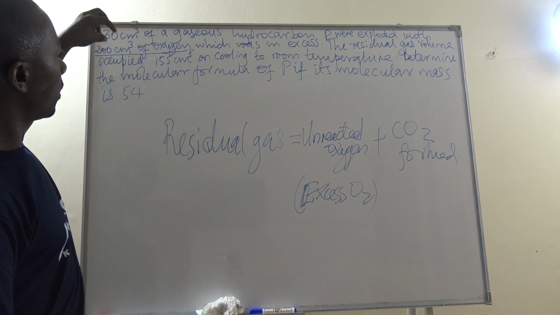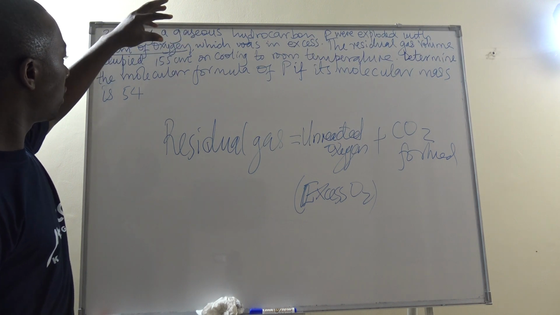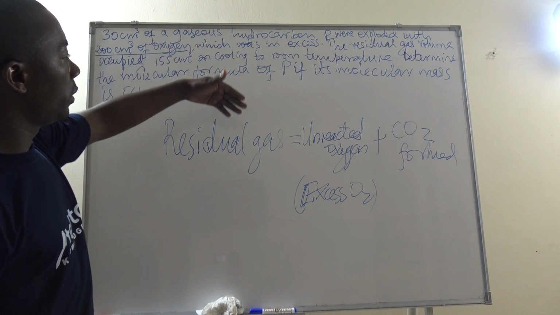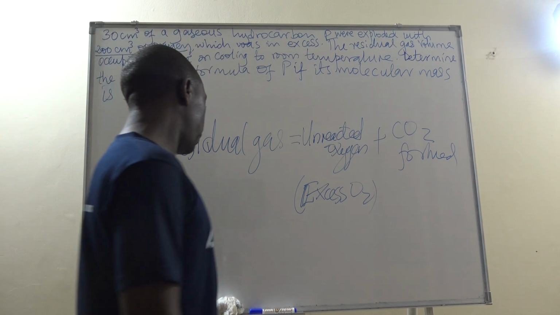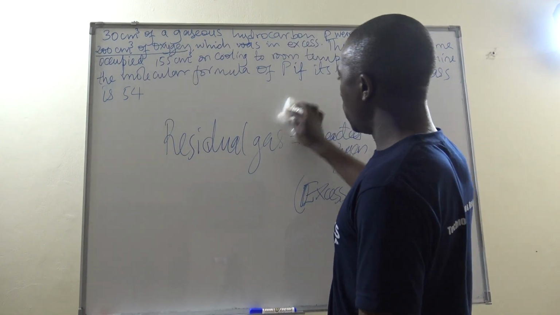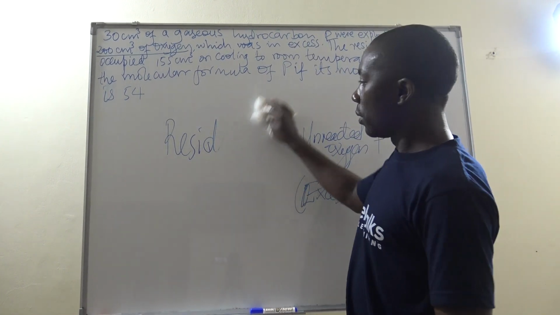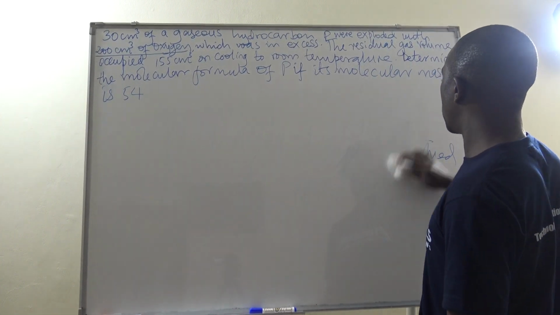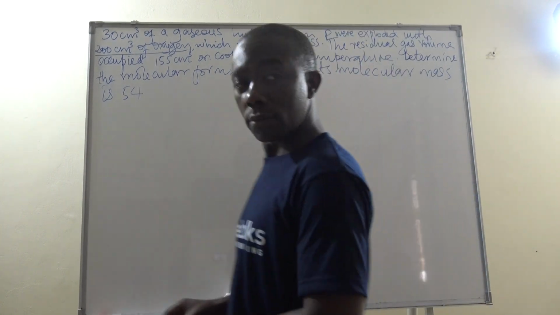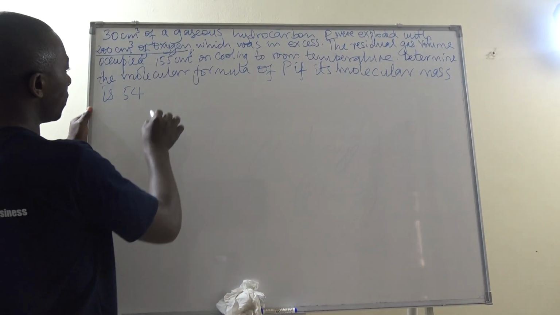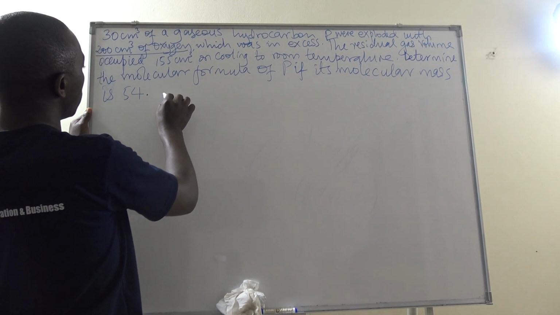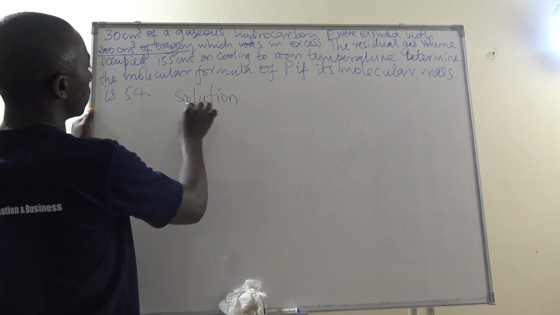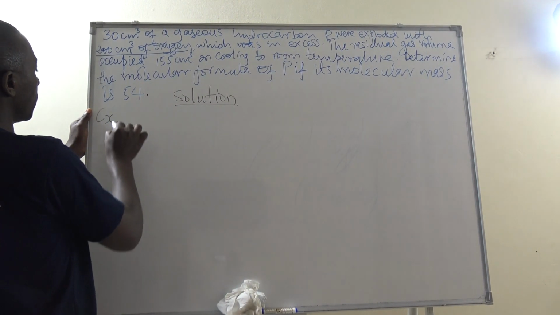Now, we are saying determine the molecular formula of compound P if its molecular mass is 54. We need to get ourselves acquainted with writing the equation of combustion of the gaseous hydrocarbon. For example, if we have this gaseous hydrocarbon, here is the solution, CxHy.